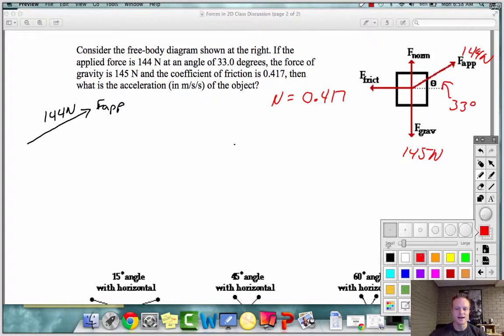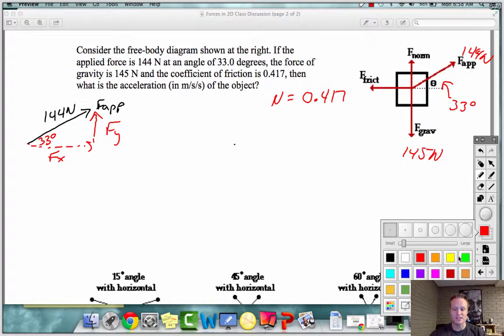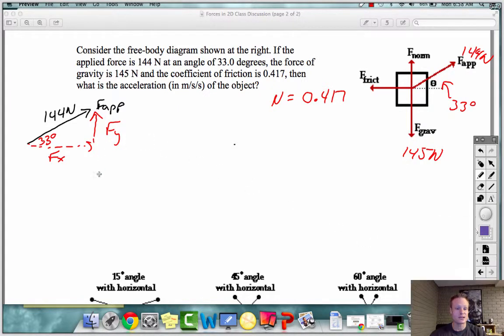Okay. Now I'm just going to sketch in my F of x and my F of y components, and that's what I'm going to solve for. And this angle here, they tell us, is 33 degrees. Okay, cool. So how can I solve for F of x? Well, I'm going to use my trig functions again, and I think a good trig function might be the cosine function, right?